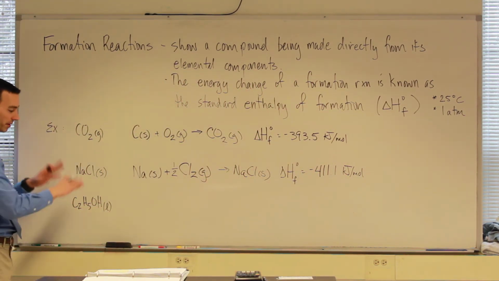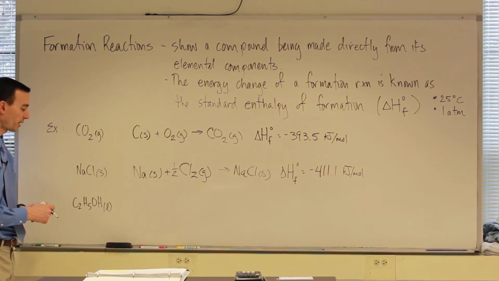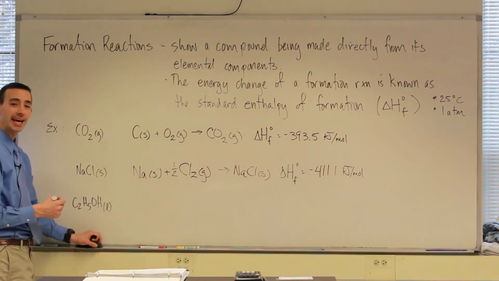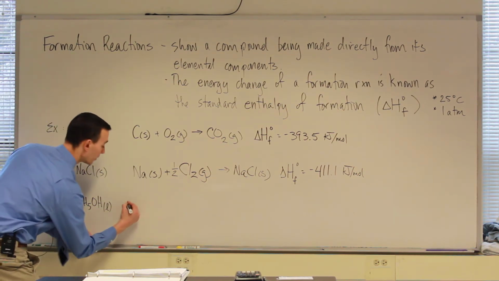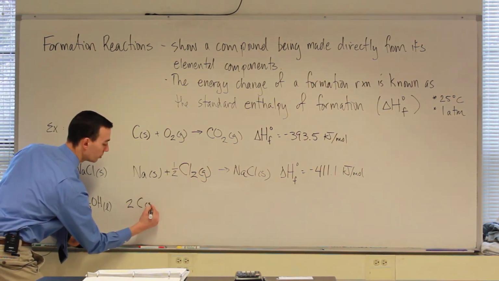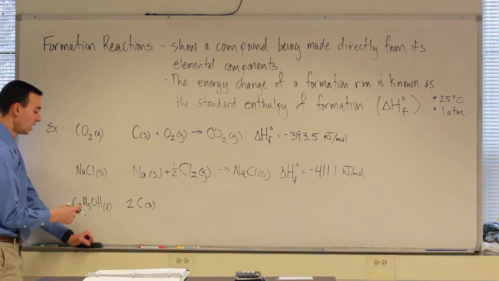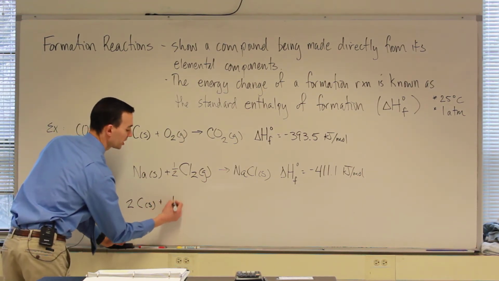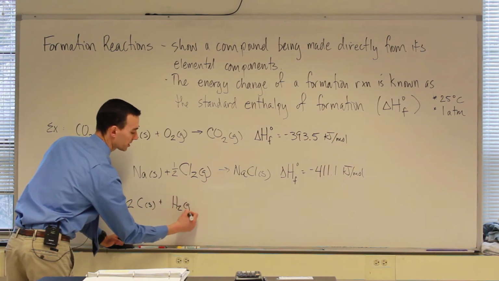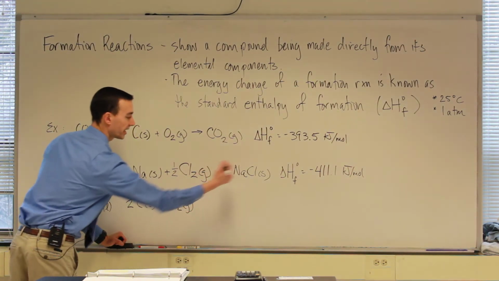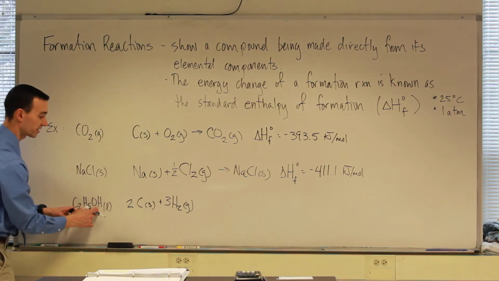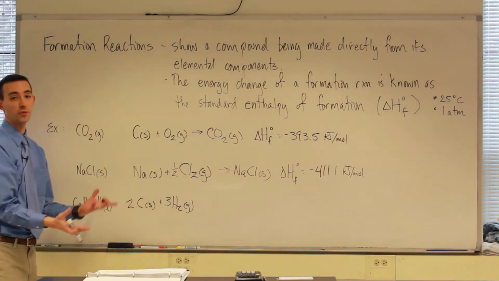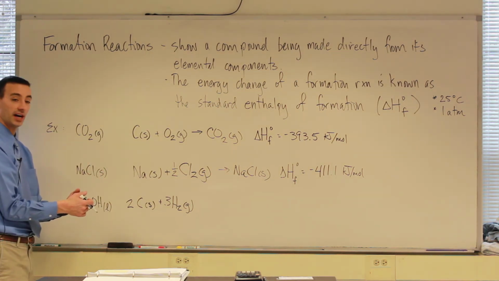Ethanol, one more, a little bit more complex molecule here. Got 3 elements to consider, and we'll need some different coefficients. So if we wanted to make ethanol from its elements, we would need 2 units of carbon, 2 moles of carbon. Okay? We would need 6 total atoms of hydrogen. Hydrogen is another of our diatomic elements, H2. So the 6 that we need, total of 6, divided by the 2's, units in which it comes, means we need 3 entire molecules of hydrogen.